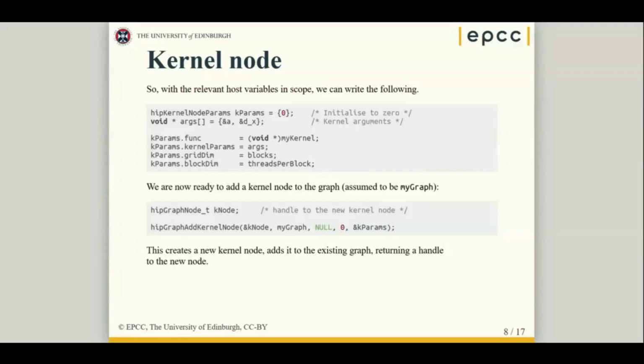I do a casting of this function. The arguments are those I have defined previously for kernel parameters, the definition of the blocks, and the threads per block in grid dim and block dim. Once this is defined, I create a node, and I add the node to the graph with hipGraphAddKernelNode.